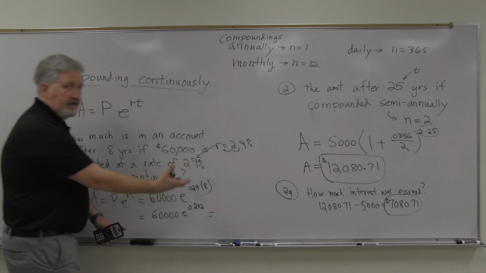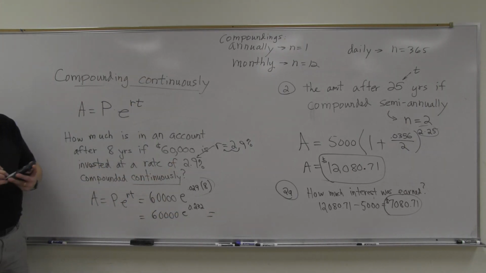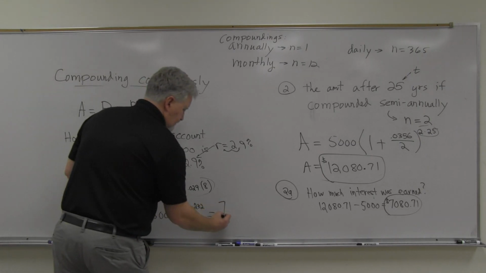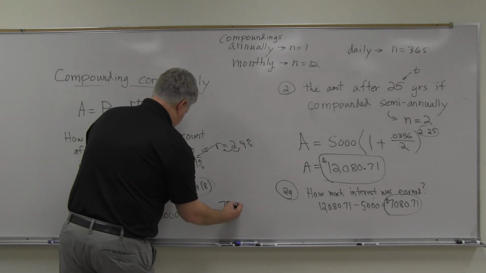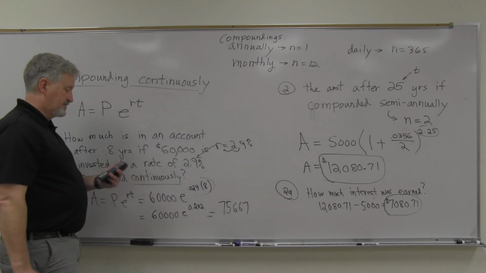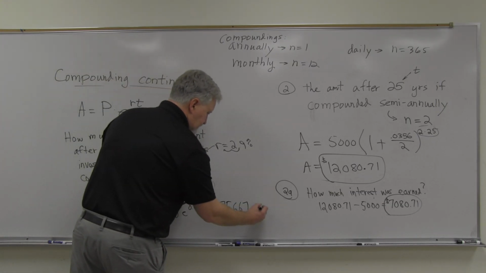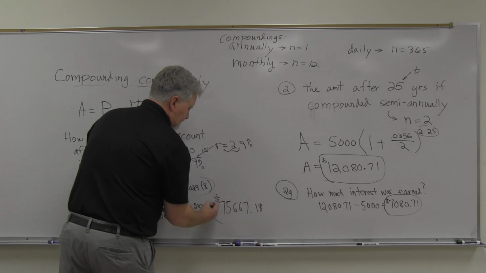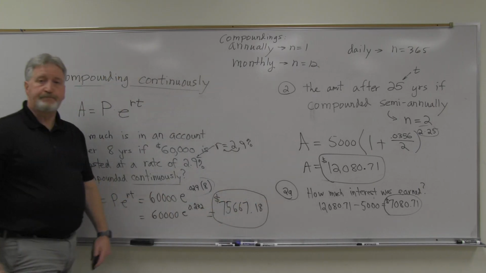And then just enter that in as is. Okay? 60,000, then you find your e, then do that to the 0.232 power, and you get $75,667.18, to the nearest cent. Okay?